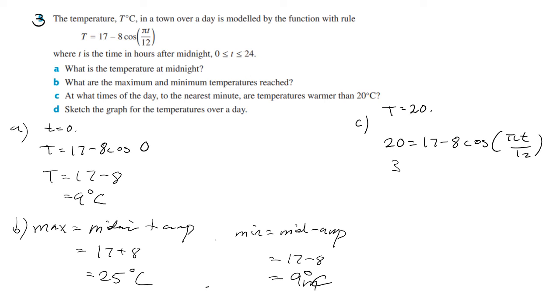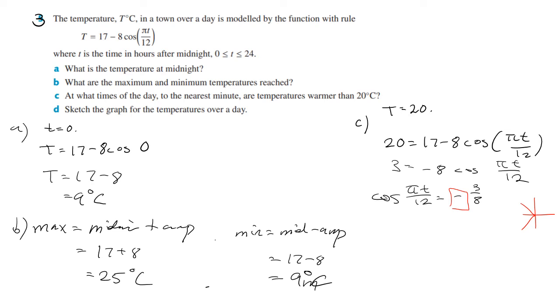That's 3 equals negative 8 cos pi T on 12. It's just saying that cos pi T on 12 equals negative 3 on 8. And now what this negative is telling us is that the answers are in the second or the third quadrant, because cos is negative in the second and the third quadrant.